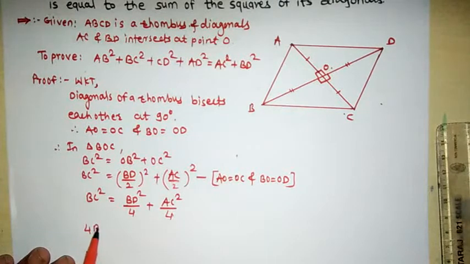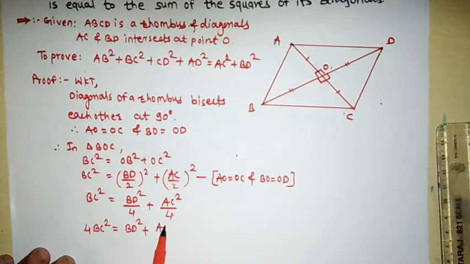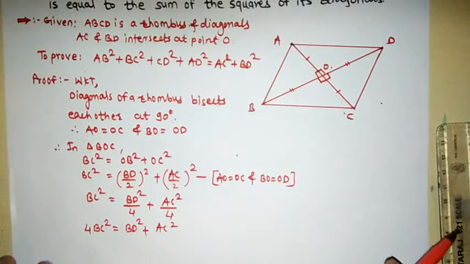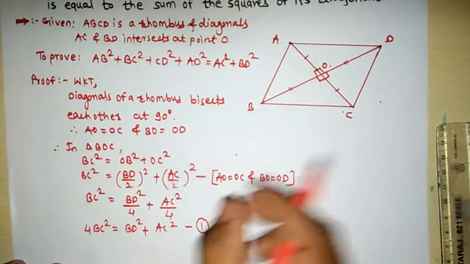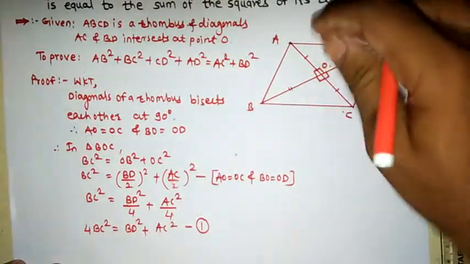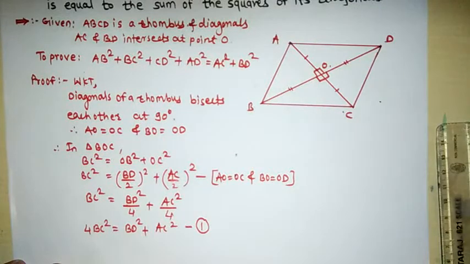We will get 4 times BC square is equal to BD square plus AC square, since the 4 gets cancelled. AC square as it is. Now, mark it as equation number 1. We got 4 times BC square is equal to BD square plus AC square.